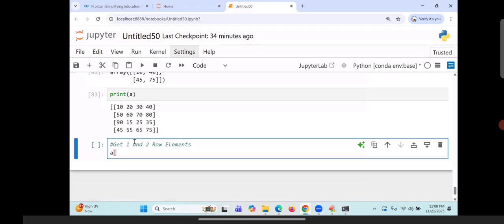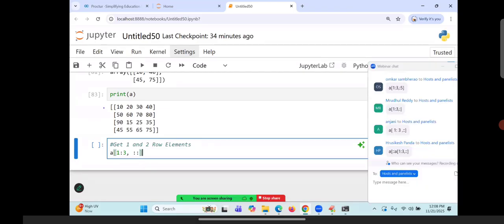A of 1 colon, comma 1 colon 3... not concentrating. Colon. Why colon? All columns.